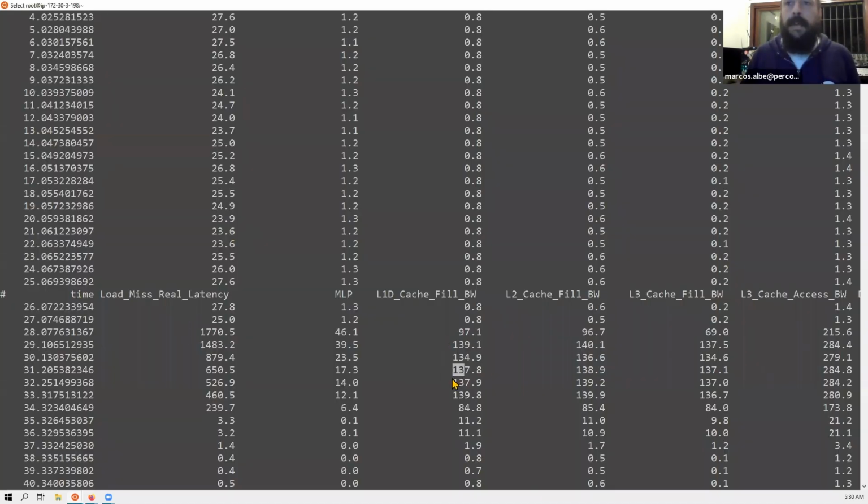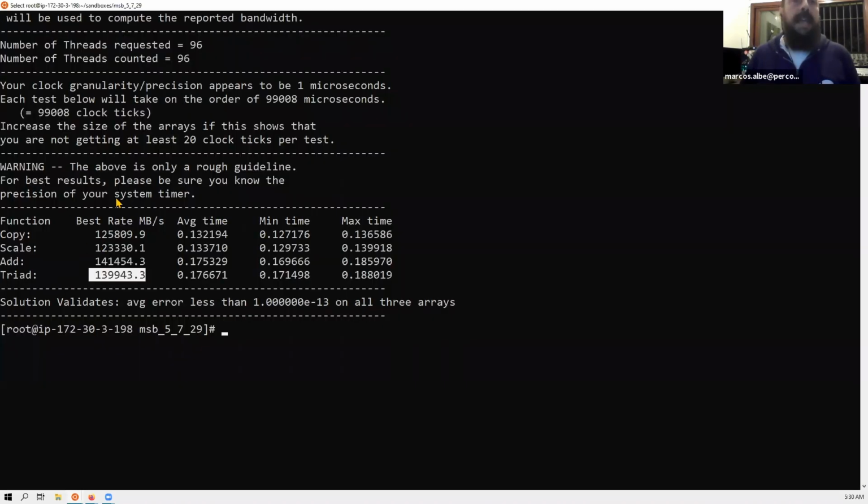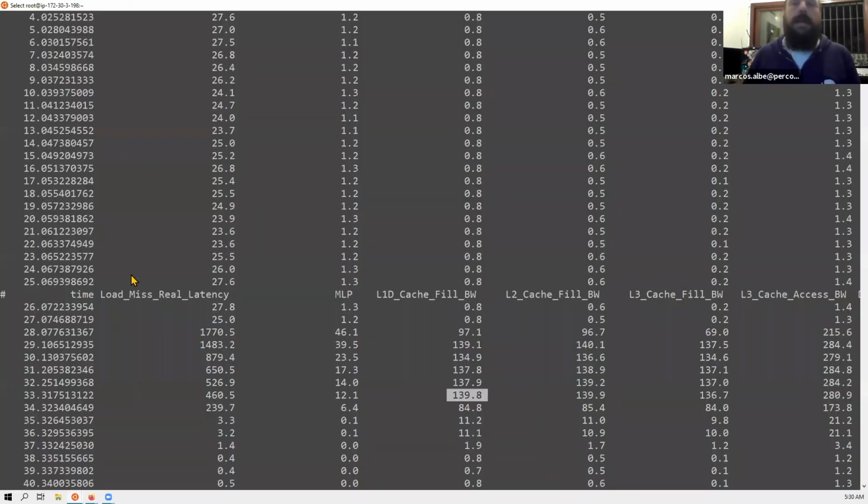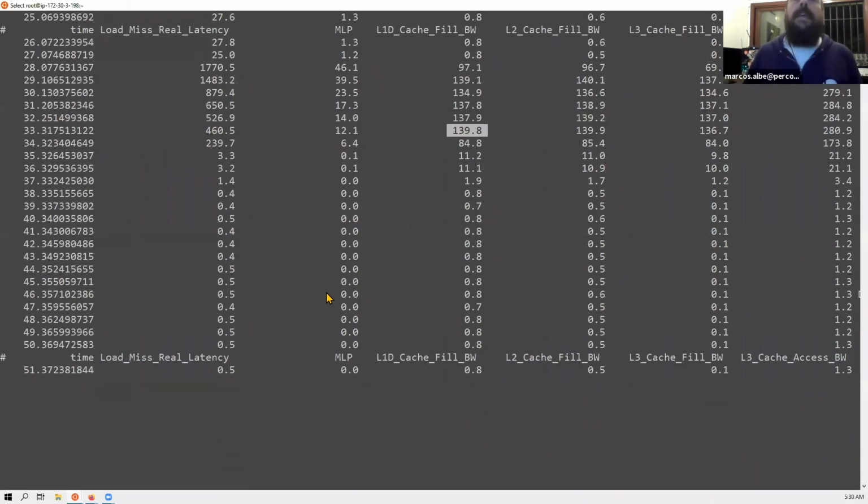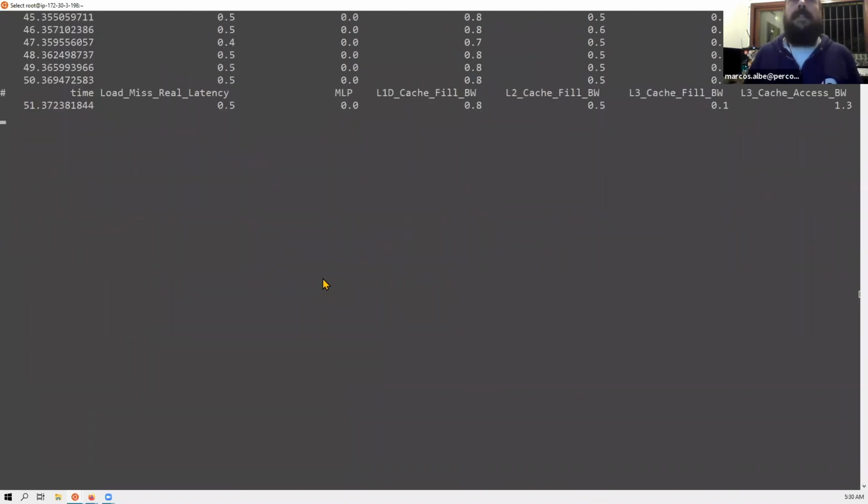The values are very close. So this bandwidth measurement does match what we are doing. Like I copy 1 megabyte of data, I take how much time it takes to copy that amount of data, and then I can infer the actual bandwidth available. So measurements are good.